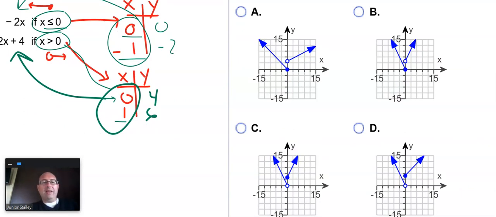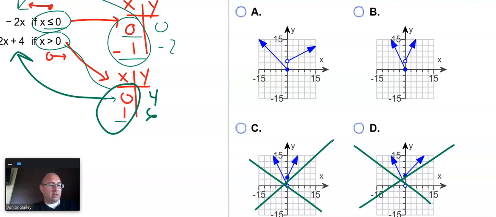So we want a closed dot at 0, 0, closed dot. Oop, you can get rid of these two choices, closed dot, 0, 0, has to be, and then they go through the point. Wait a second, did I do that right? Less than 0, negative 1, negative 2. Close.